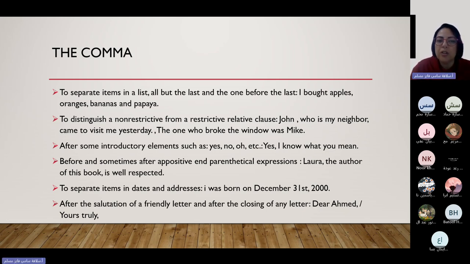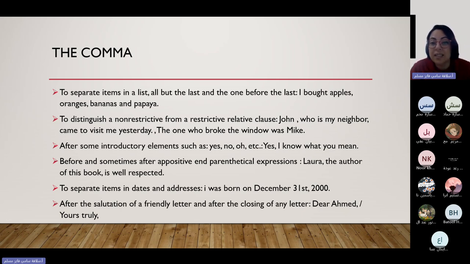To distinguish a non-restrictive form from a restrictive relative clause. What does restrictive mean? A basic sentence that we cannot remove anything from. Non-restrictive is an unimportant clause that we can remove. Okay? John, comma, who is my neighbor, comma, now who is my neighbor is a parenthetical clause.